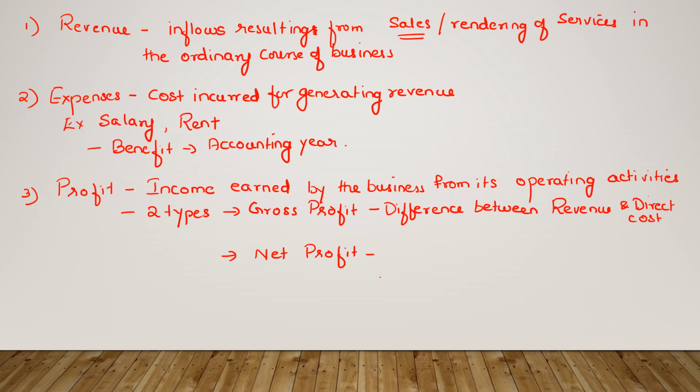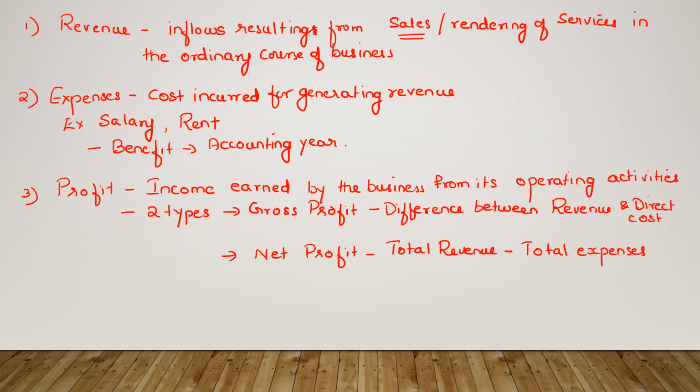Now, what is net profit then? Net profit is when we deduct the total expense from the total revenue. So from the total revenue, that is from the sale of ready-made garments, if the total of all the expenses which have been incurred in the business during the year is subtracted, you would get net profit. Which means in case of gross profit, we deduct only the direct cost. That is, in this case, we have the cost of purchase.